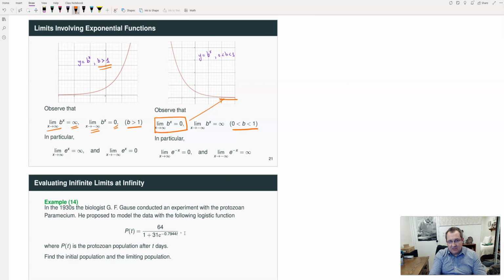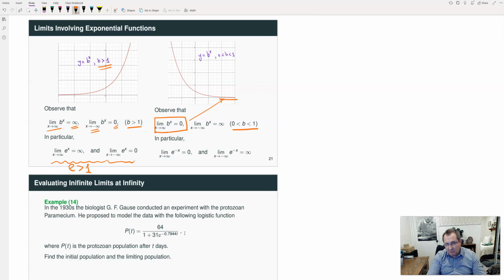So the special case that's very important for us is the natural exponent, e. The natural exponent is strictly greater than 1. It's 2.73 and additional digits. Therefore, the exponential is equal to infinity at infinity, and the limit of the exponential at negative infinity is 0.